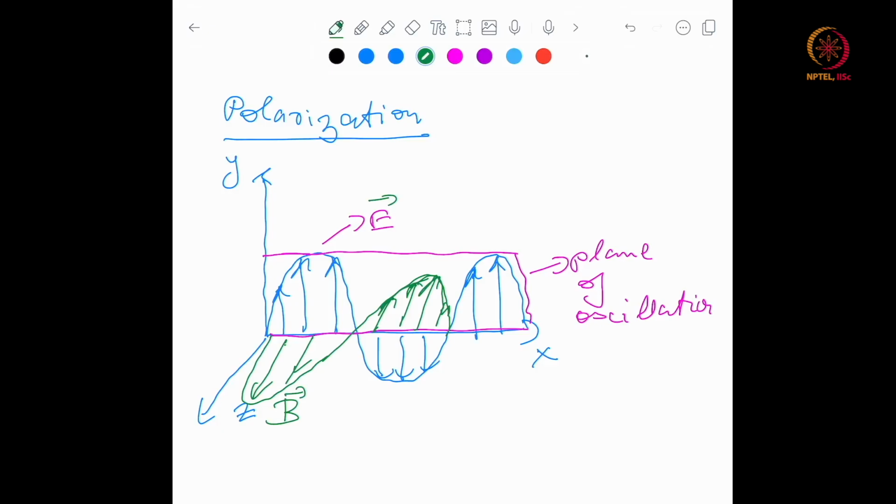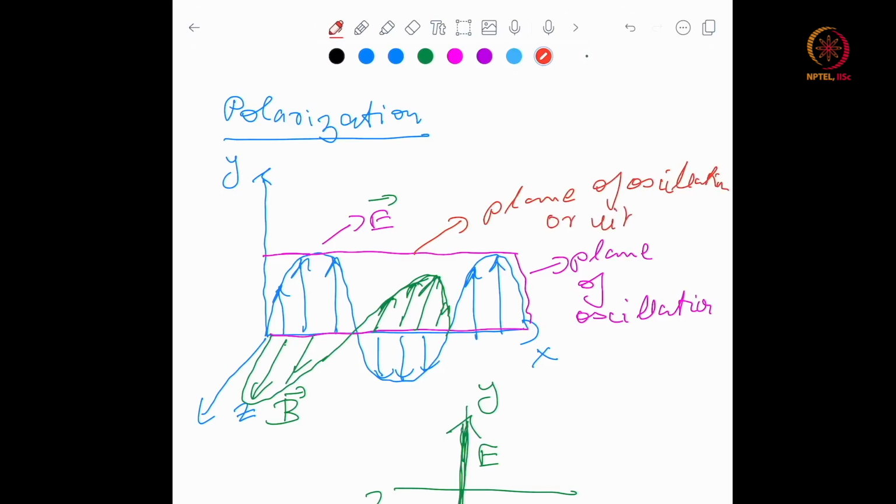If you look at this particular situation, this is Z, Y, and so the electric field is something like this, back to E. All right, so this is the plane of oscillation. The plane containing the E vectors is called the plane of oscillation or vibration.